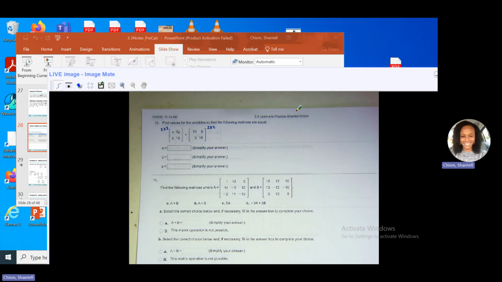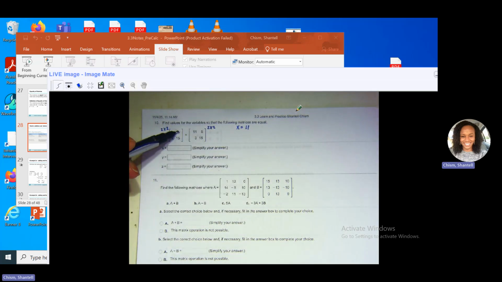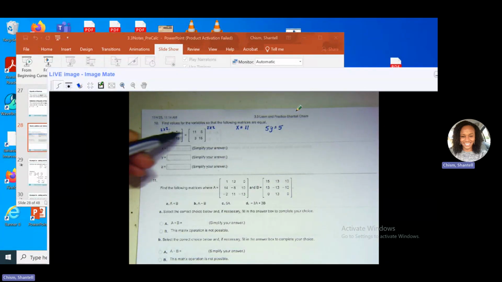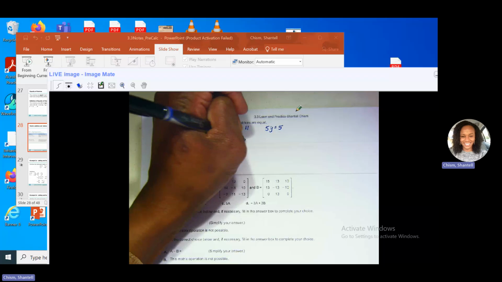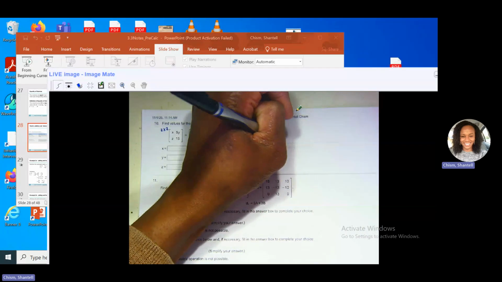You've got x in this top spot, and here 11 in the top spot on this one. So x equals 11. Here you've got 5y in this top right position equal to 5. So 5y equals 5. And then z equals 3. And then 15 equals 15.